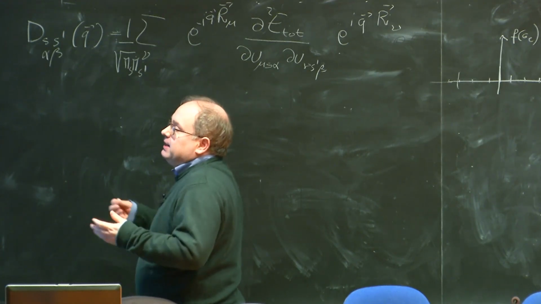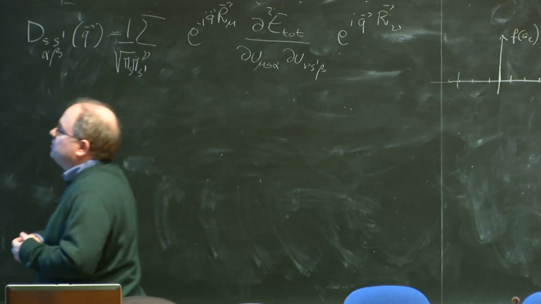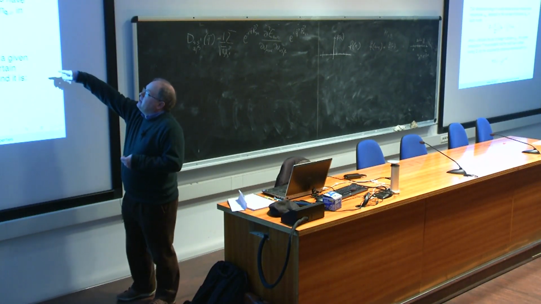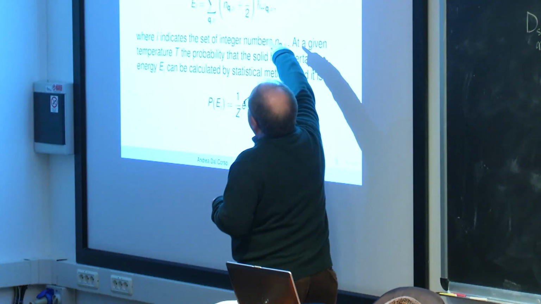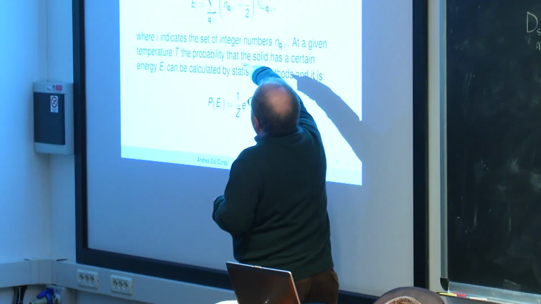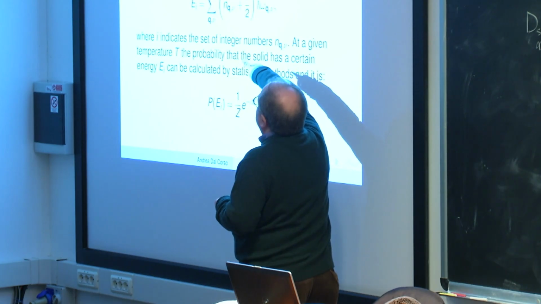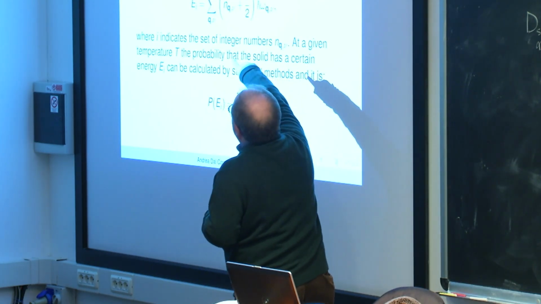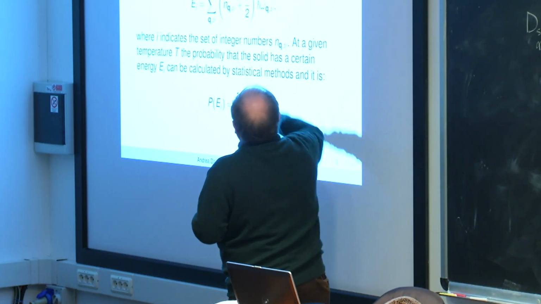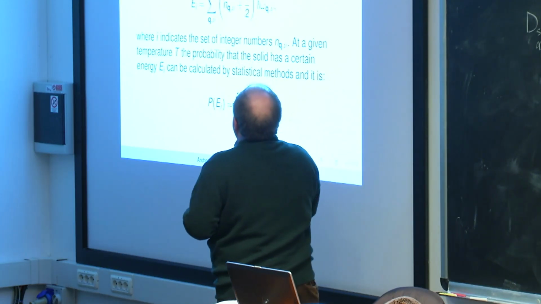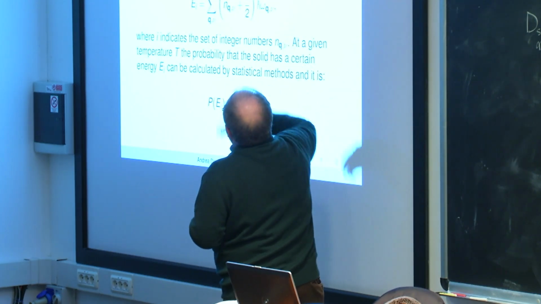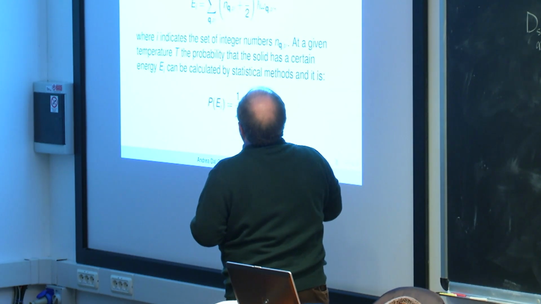And then you can quantize these oscillators so that the total energy of the phonon system can be written in terms of the frequency like this, as a sum over all the Q vectors and all the frequencies of some integer number, n_Qν, plus 1/2. Basically, this integer number says how many phonons of a given frequency are present in your system.